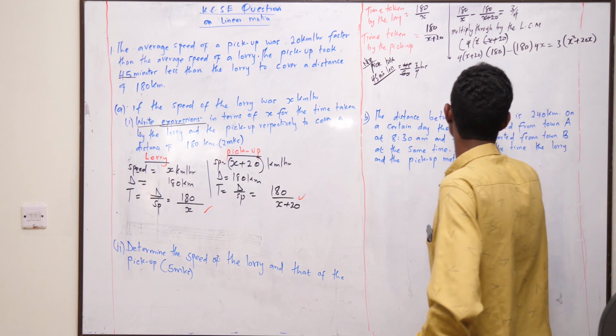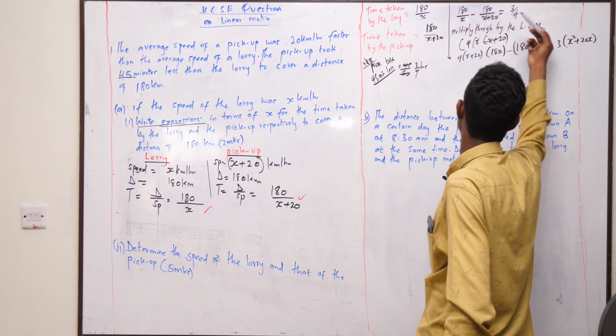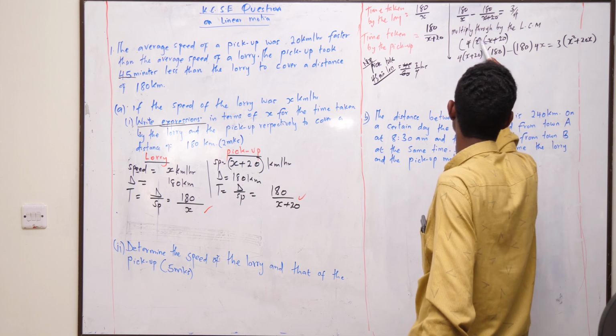Now let's open the bracket. The LCM is 4x times x plus 20, and therefore 4x times x plus 20 divided by x, and we are going to cancel the x.